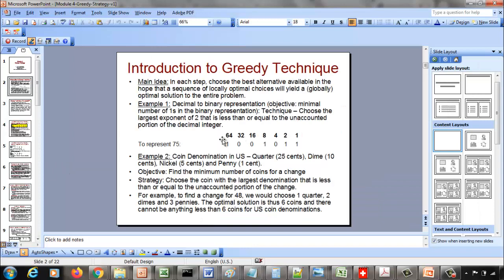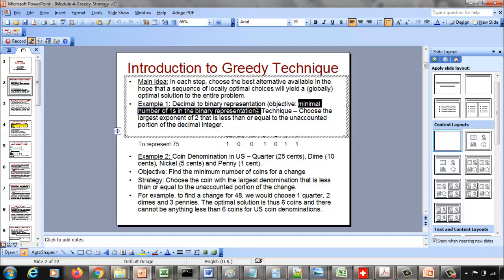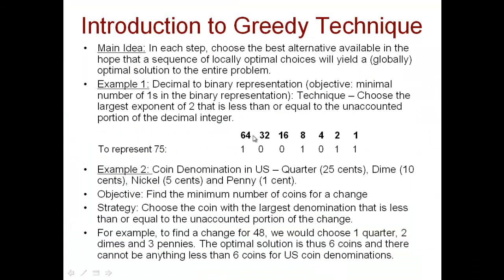Now, the first example I have put here is something you should have come across already. The problem of representing an integer in binary. So again, one implicit objective there is to minimize the number of ones in the binary representation of any integer. So that is why you write down the exponents of 2, up to, in this case you want to represent 75 in binary, so there's no point in going beyond 64, so we stop at 64.